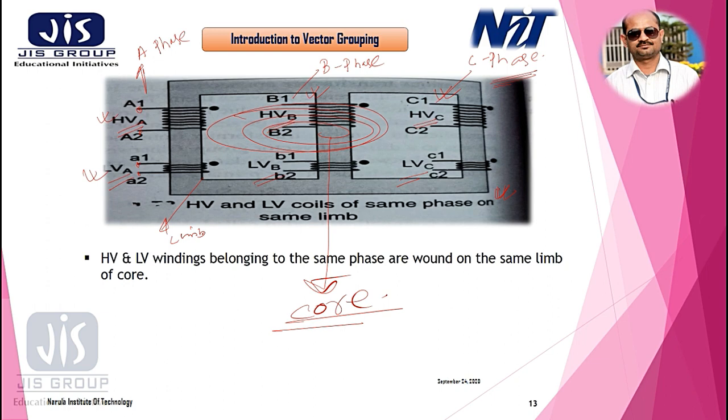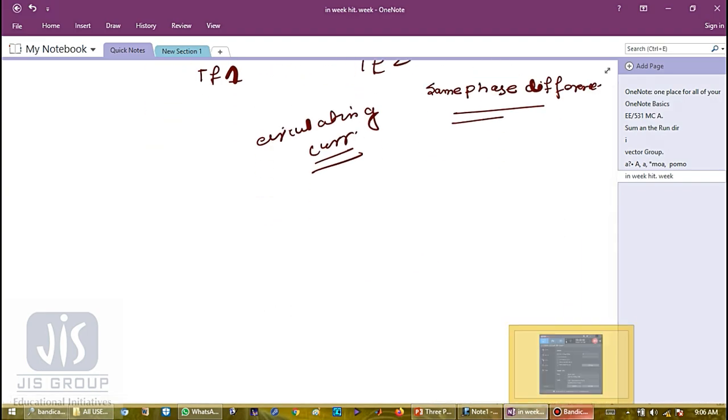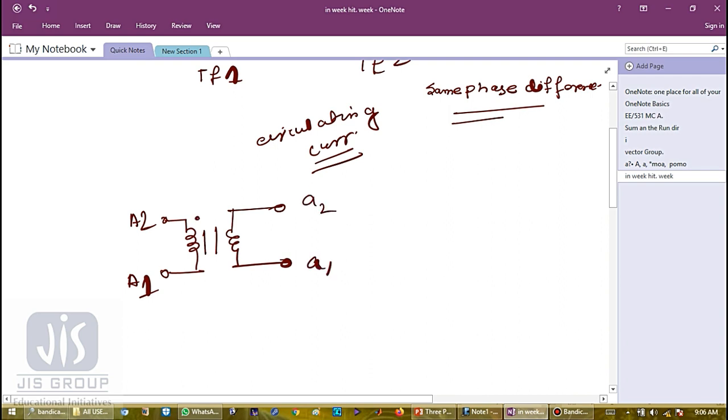Okay, now look at this dot convention. So what is the meaning of this dot convention? Now, if this is my high voltage side and this is my low voltage side, and suppose this is A2, this is A1, this is a2, this is a1, and this is dot, this is dot.